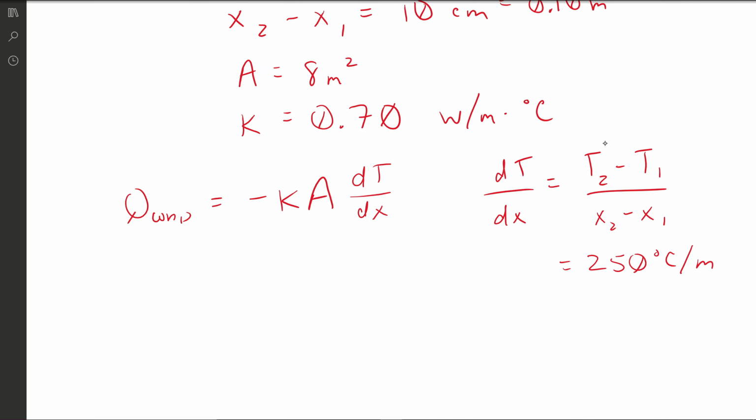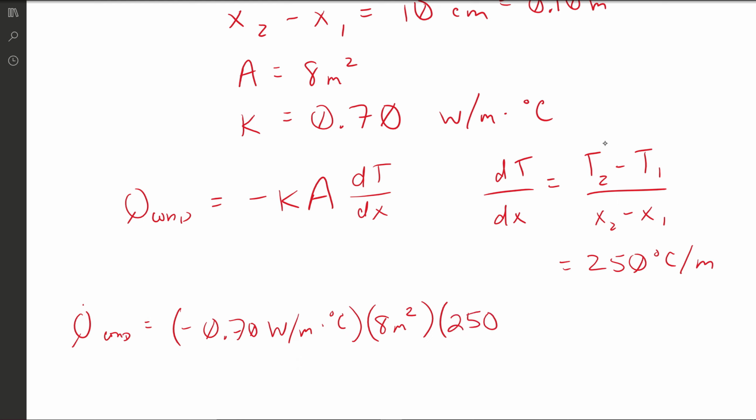All right, so now again, Q conduction is equal to, that K value is -0.70 watts per meter times degrees Celsius. The area we found to be 8 meters squared, and dT over dx we calculated as 250 degrees Celsius per meter.